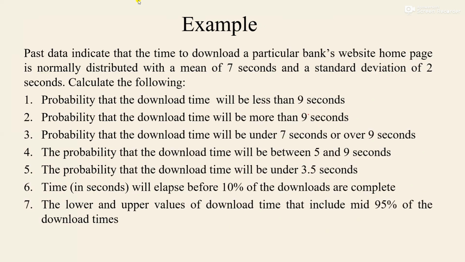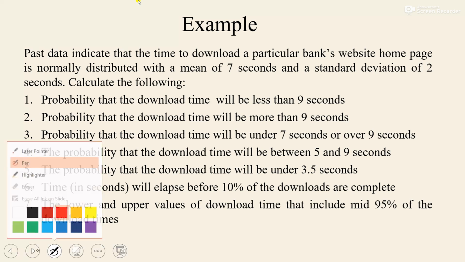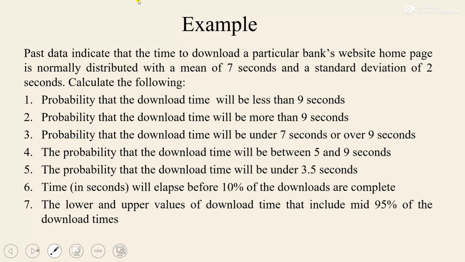Now, the example in word form. Past data indicate that the time to download, this is the example we started when we were taking the continuous probability distribution.